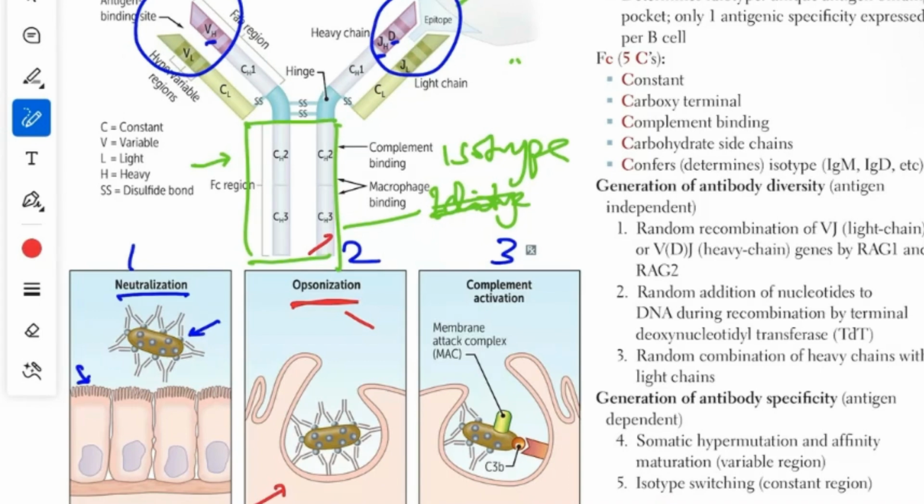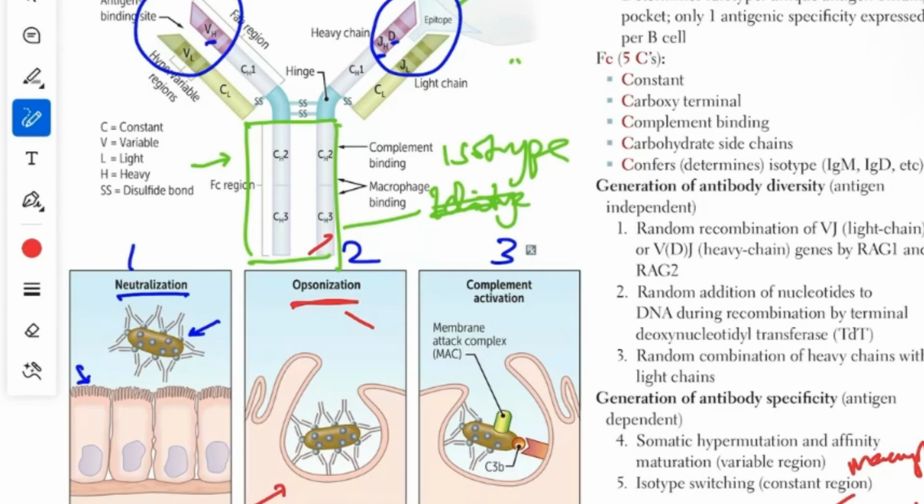The phagocytes are two main white blood cells: the macrophage and the neutrophil. So anytime you hear opsonization, think of the antibodies coating the pathogen so that white blood cells can eat it.